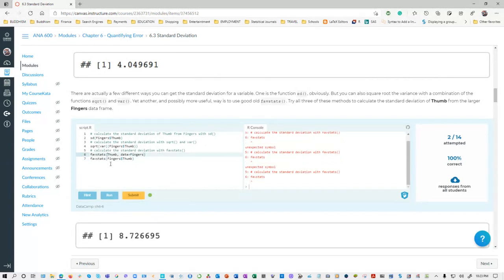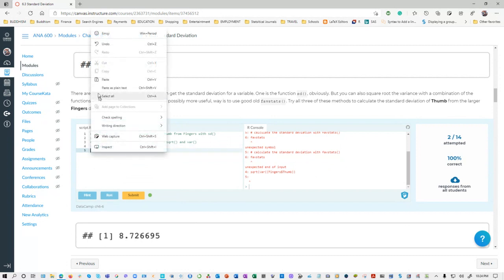No, it should be there. SD of fingers. Okay, that's the problem. Square root. Yes, that's the problem.